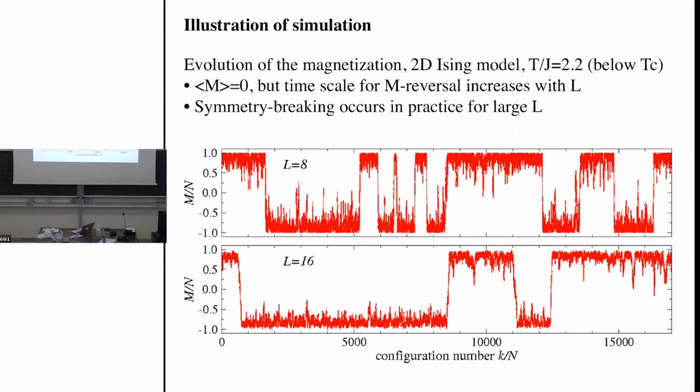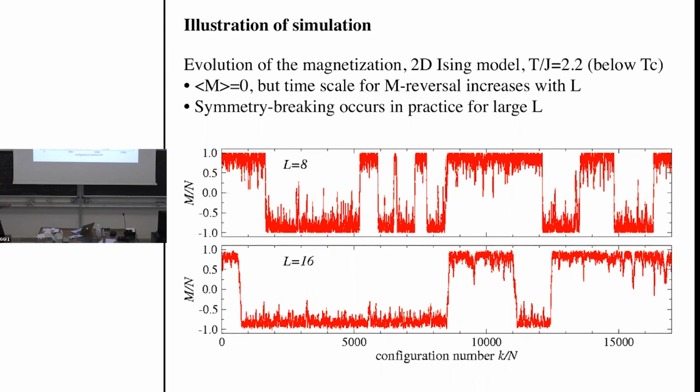So you see that here, this is actually not too far below TC, but you can already see that it should basically be characterized as ordered, because the fluctuations are around 1 and -1 mostly, but occasionally the fluctuation is big enough to flip the magnetization from positive to negative.